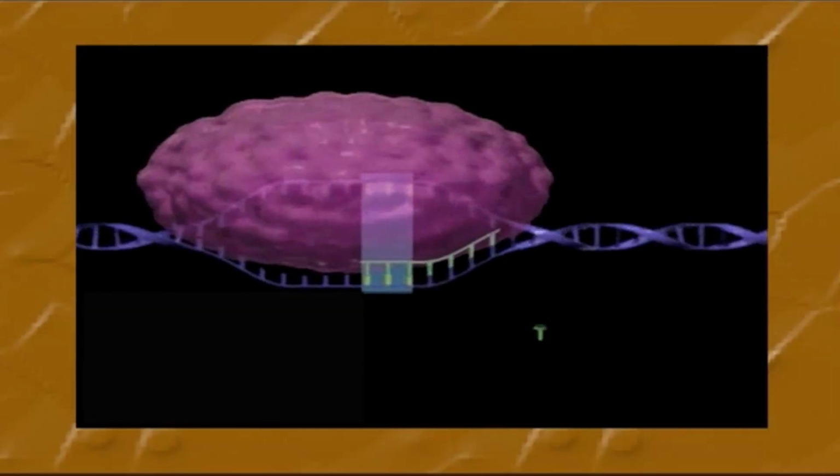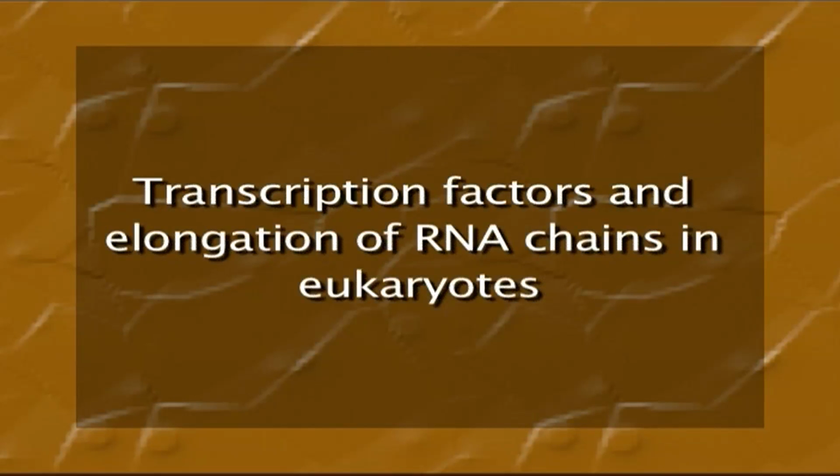Now, we will discuss transcription factors and elongation of RNA chains in eukaryotes. Certain accessory proteins of transcription called the elongation factors enhance the overall activity of RNA polymerase II, leading to increase in elongation rate. At least two such proteins are known.